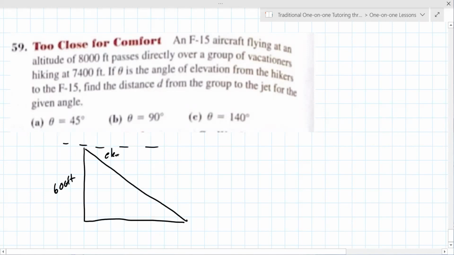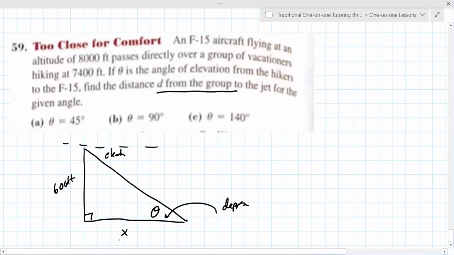Here's the angle of elevation, which happens to be the same as the angle of depression. Okay, these are the same. Is given as theta, and they say find the distance from the group to the jet for the given angle. So I guess they want you to find x.